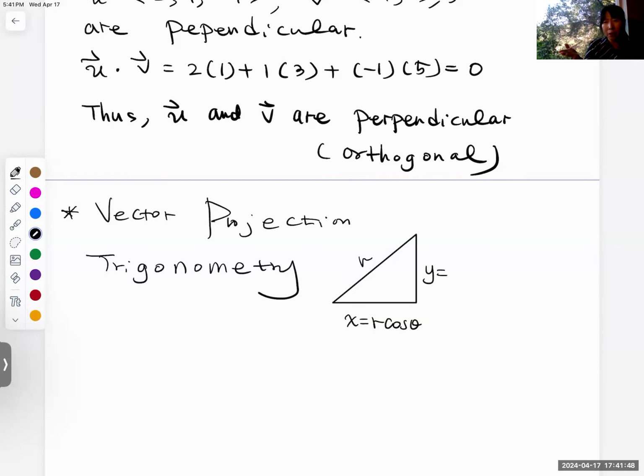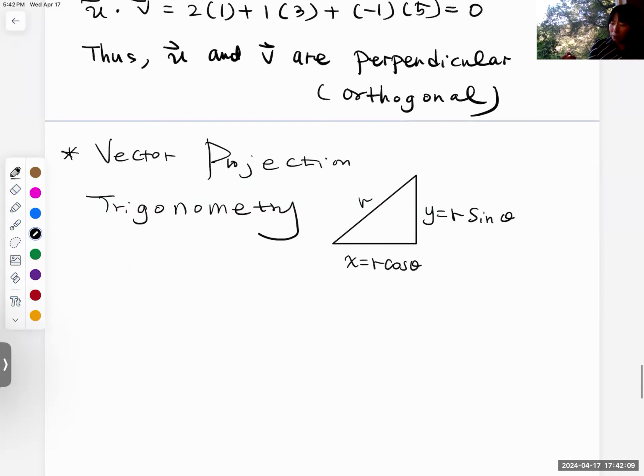That's why cosine theta equals x over R, right? Then y equals R sine theta, right? That's why in the unit circle, R equals 1. So we have simply x equals cosine theta, y equals sine theta.